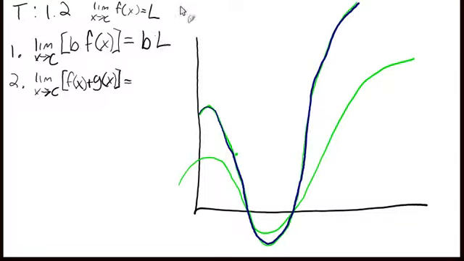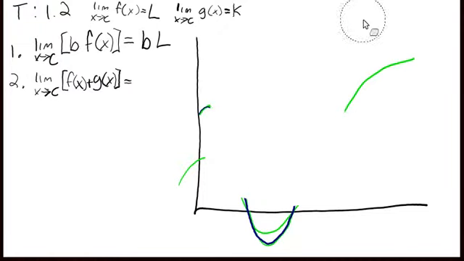And of course, this is assuming that the limit as x approaches c of g of x also has its own value, and we'll call it k. Okay, so let me erase some stuff here and down here.